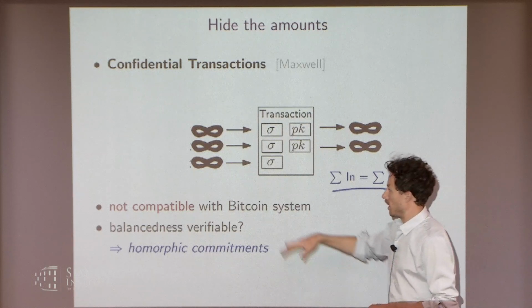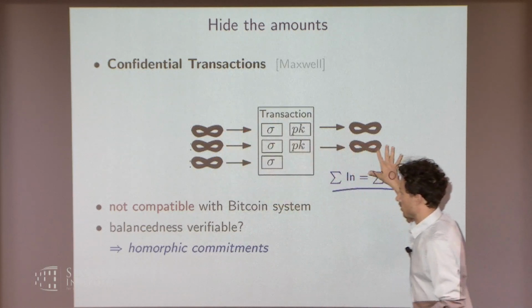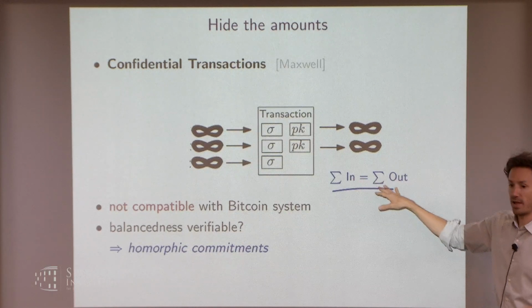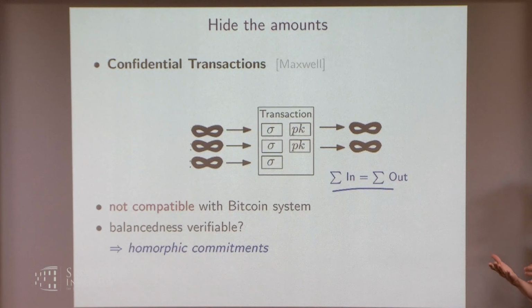Because if your inputs and outputs are committed, now you don't sum the actual values but the commitments themselves, and if that evaluates to the same, then by the binding property, the security property of the commitment, you can deduce that the same amount of value went in that came out. If I have time, I'll show you some details of that.